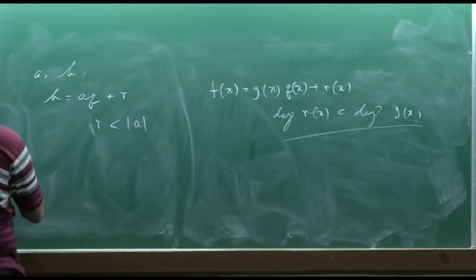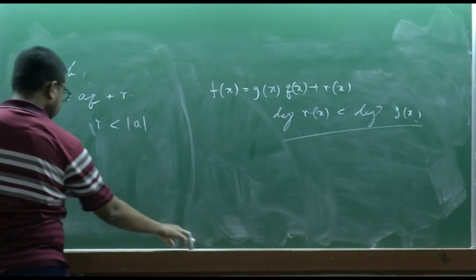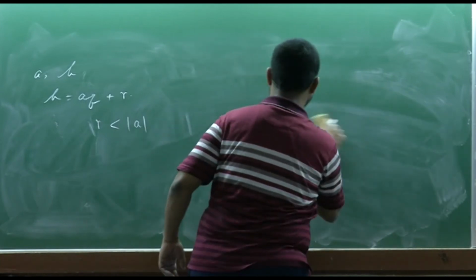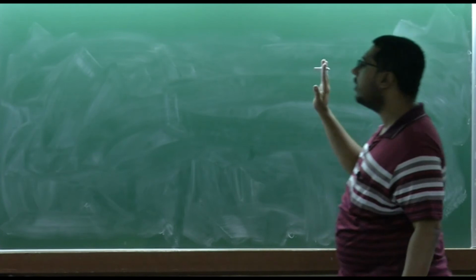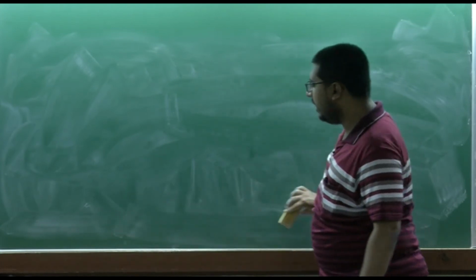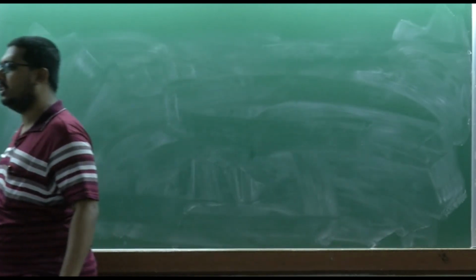So, let me make this definition. As I said, the building blocks for developing the general theory are these two prototype examples, namely the ring of integers and the ring of polynomials in one variable over fields.